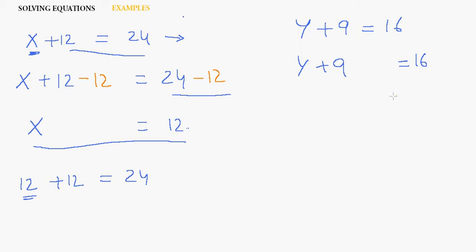Now we're going to subtract 9 from each side. This gives you y equals 16 minus 9 is 7. Therefore, the value of y in this equation is equal to 7.